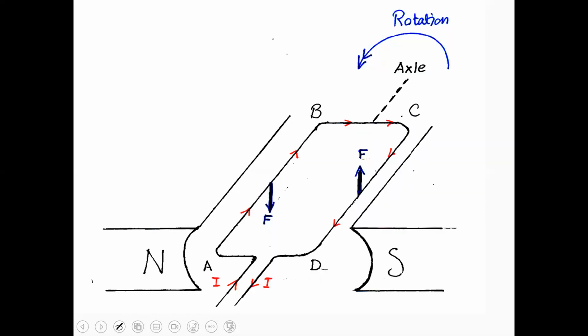Now, you have to copy this diagram neatly. Please copy it.